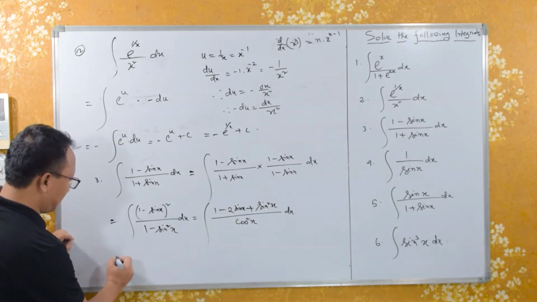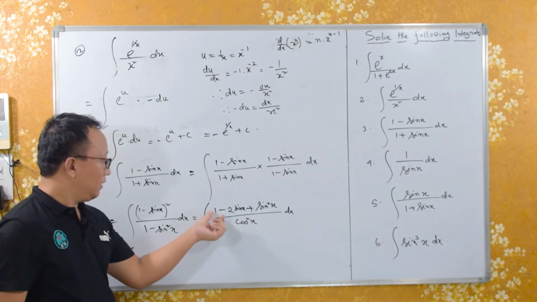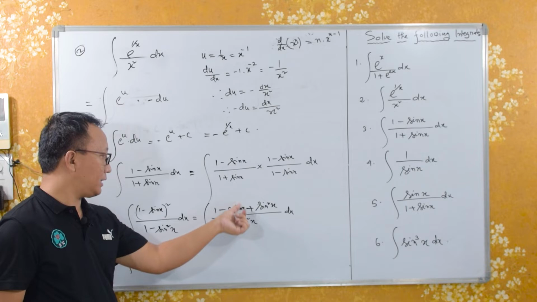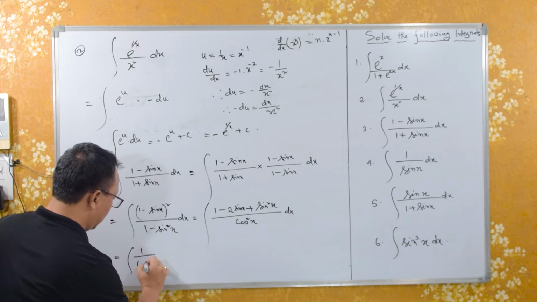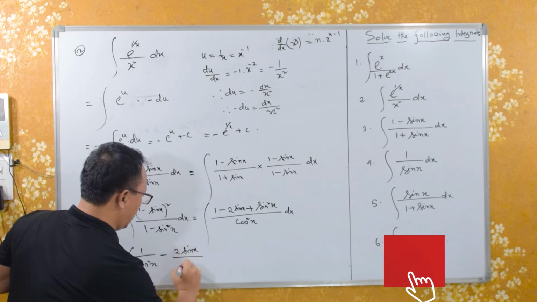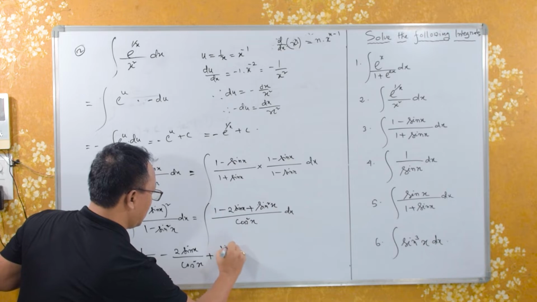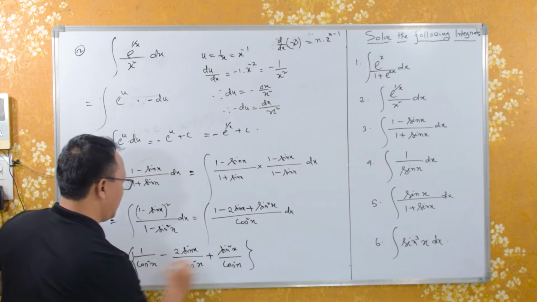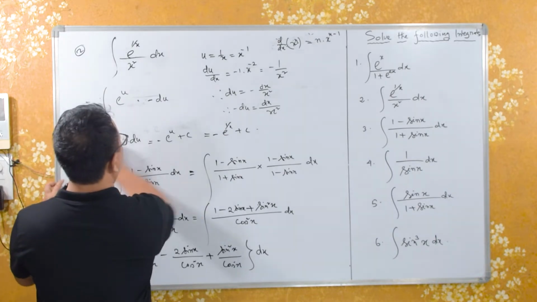This is the same as the integral of, here I will do a shortcut, 1 upon cos square x minus 2 sin x upon cos square x plus sin square x upon cos square x, whole integral dx. Now I will write over here.